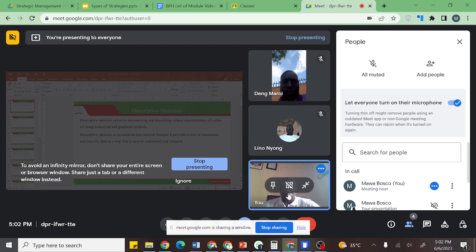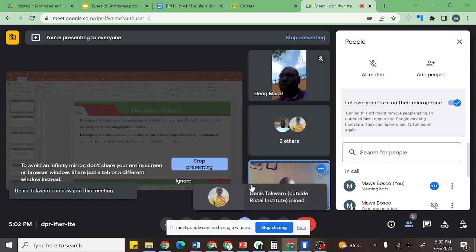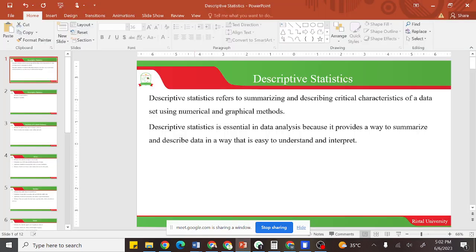Okay, so that is going to be our area of discussion. When we talk about descriptive statistics, we basically look at how we can summarize or even describe a data set that has been given to us.